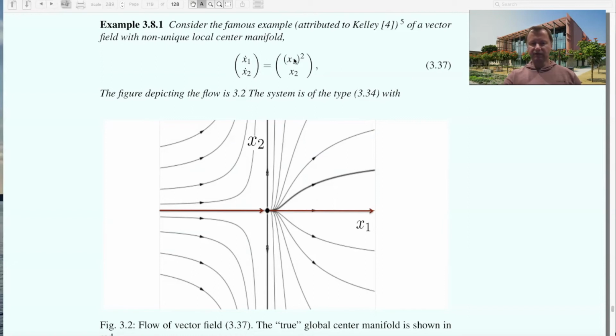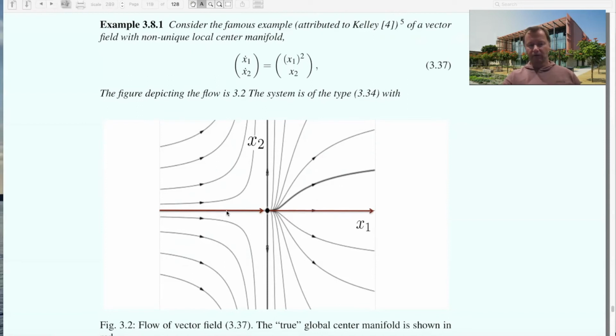And then the center direction, this x1 part, has just a nonlinear term. So its linearization is really x1 dot is equal to 0. So in the linear case, we would have this whole x2 is equal to 0 axis filled with fixed points. And so the question is now, what is the center manifold?